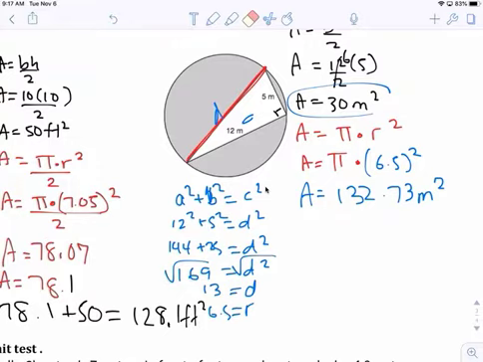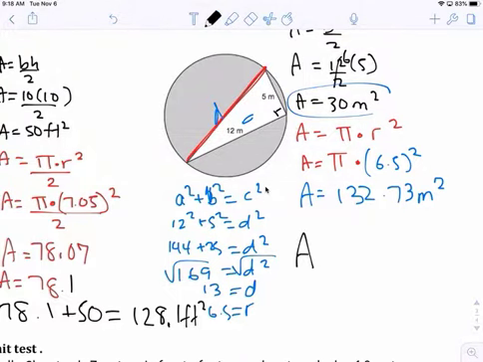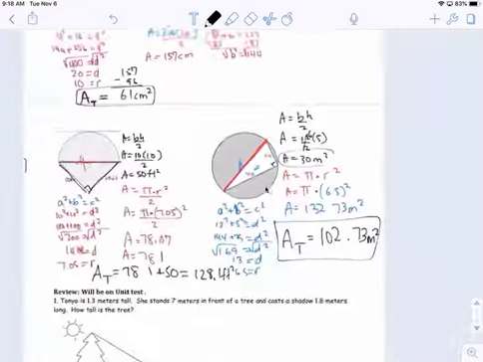Subtract 30. So your answer, the total area of the shaded region, is 102.73 meters squared. And that's our final answer.